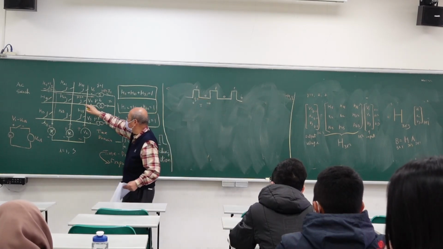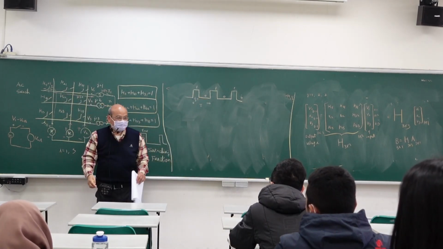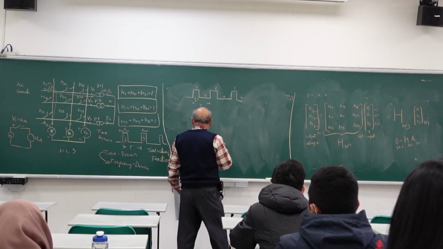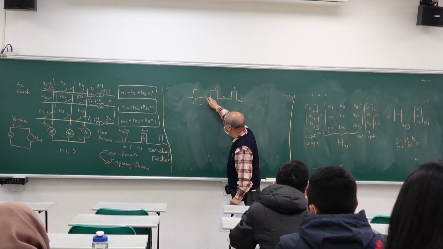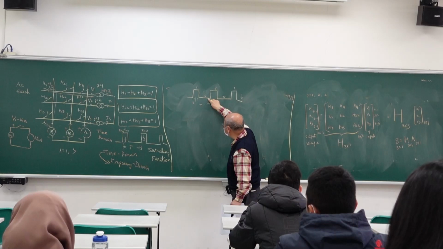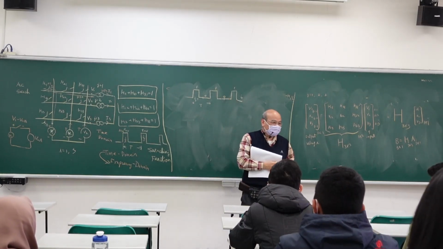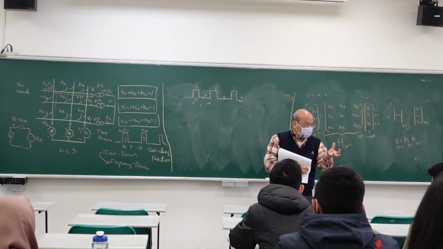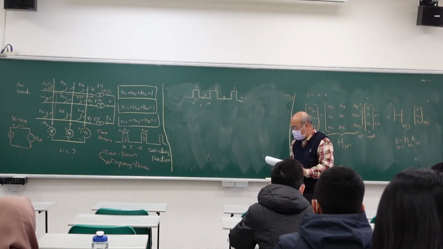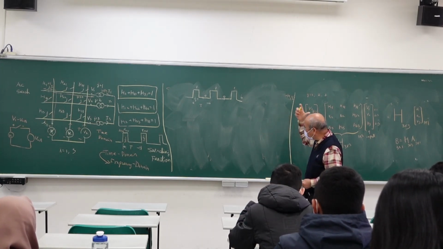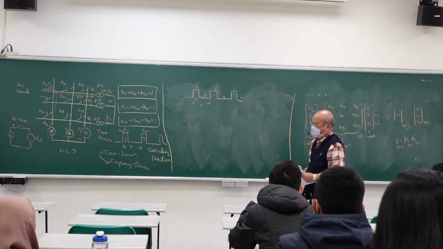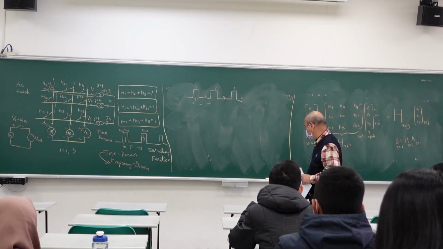Because we have 3 switches, each occupies 1/3. And this is B phase, this is C phase, A phase, B phase, C phase, right? And the duty is 1/3. So now I ask you, what is the Fourier series?